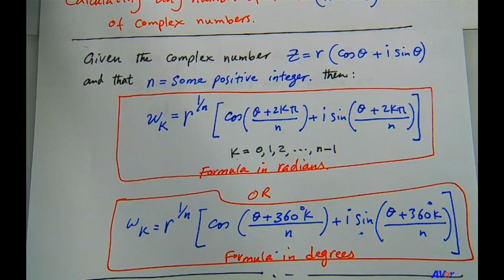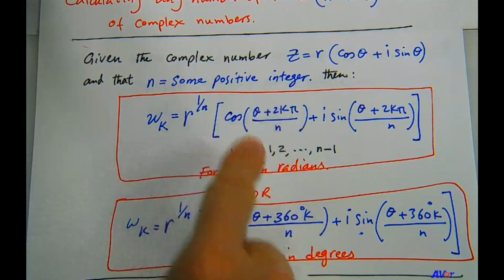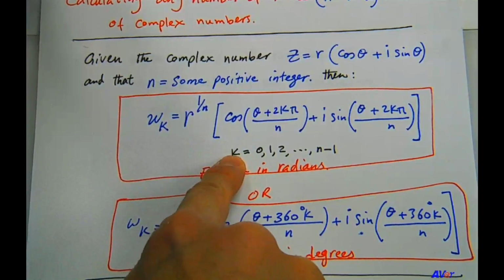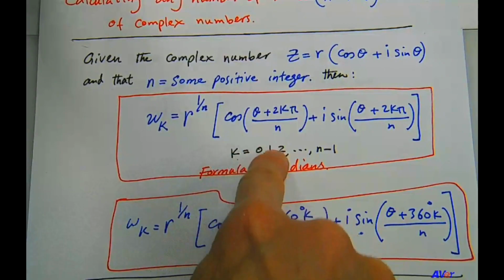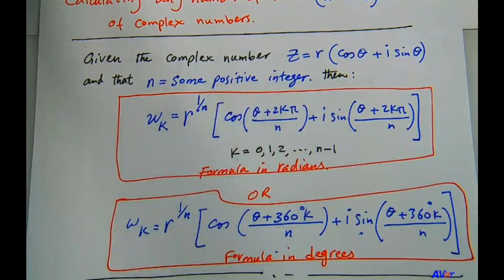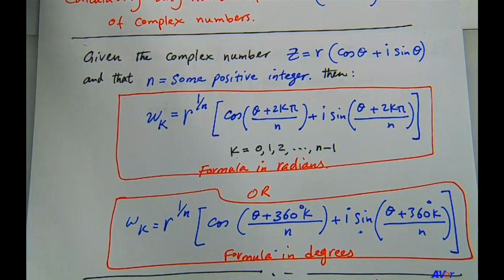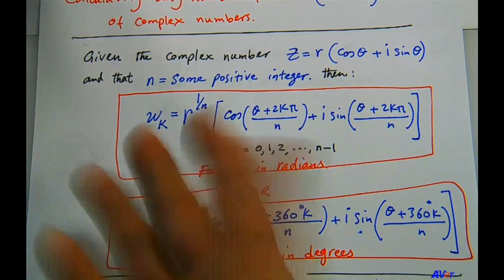of that circle. And each of the roots we find by incrementing k to 0, 1, 2, and so forth, each of those roots will be plotted equally distant from each other on a circle. Okay? So that's the geometric interpretation of this formula.